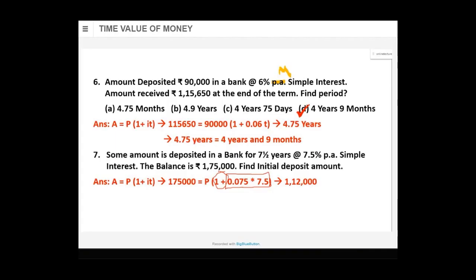So many techniques I'll be teaching you with the calculator. So get a calculator. Those who don't have a calculator, buy it in a day or two. You should have a calculator. Don't use mobile calculators. Yes, let's move further.